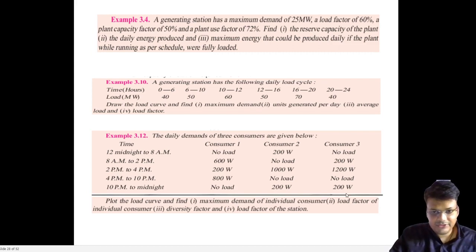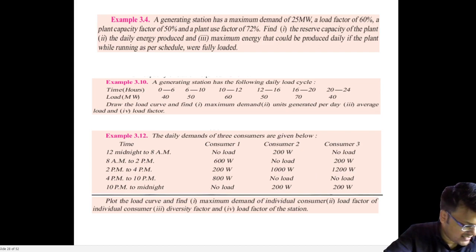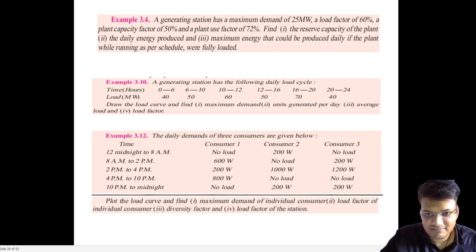The maximum demand of each individual customer, by looking at the data, we can easily get: 800 for consumer 1. For consumer 2, that is 1000 watt. It is given in watt here. Consumer 3 is given as 1200 watt. Whoever is not writing the unit, be careful about that.